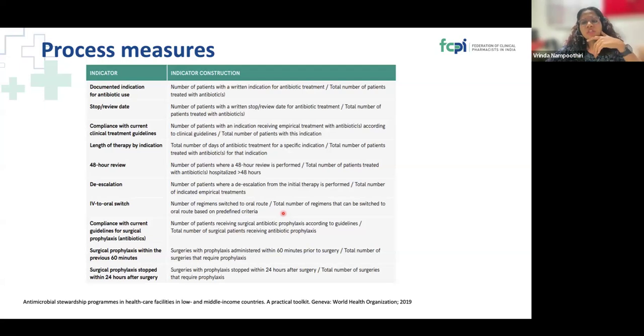Some of the process measures include documented indication for antibiotic use, stop or review date, compliance with treatment guidelines, length of therapy, 48-hour review. For each of these process measures, WHO has also given very easy to understand formulas.